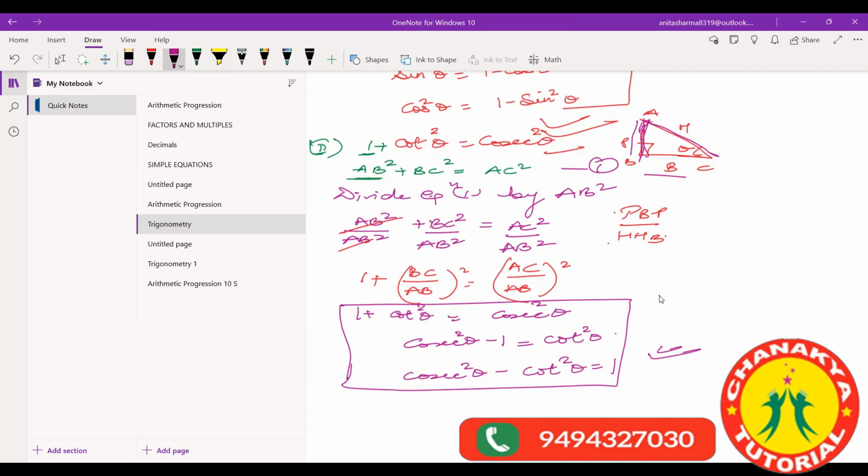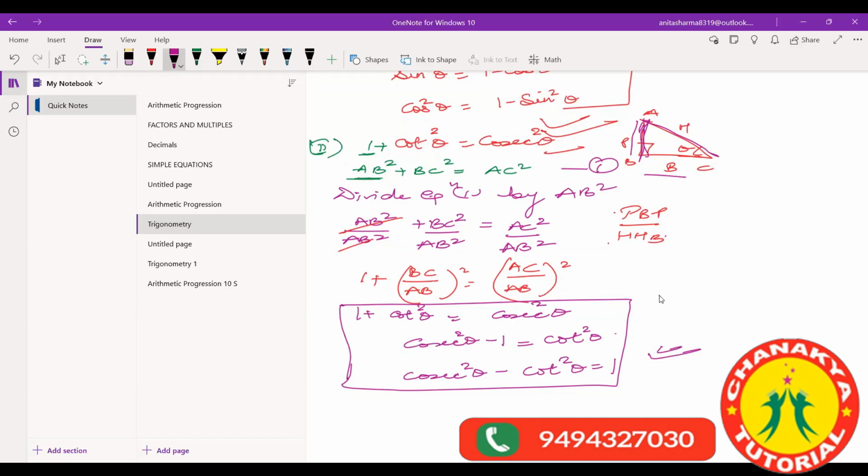How is 1 plus cot square theta equal to cosec square theta? See, this I have proved here only by the Pythagoras theorem. See, beta, the Pythagoras theorem was AB square plus BC square is equal to AC square. Right, beta? Once we had divided this by AC square, then I divided by AB square. Now I will divide by BC square.